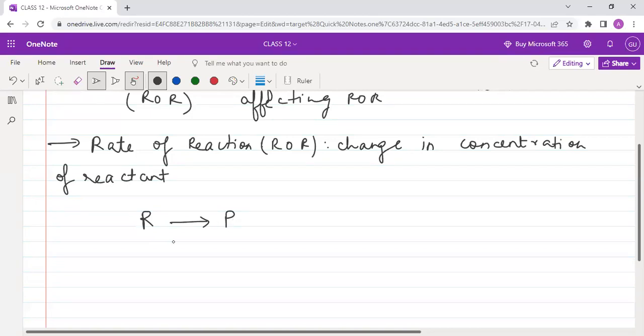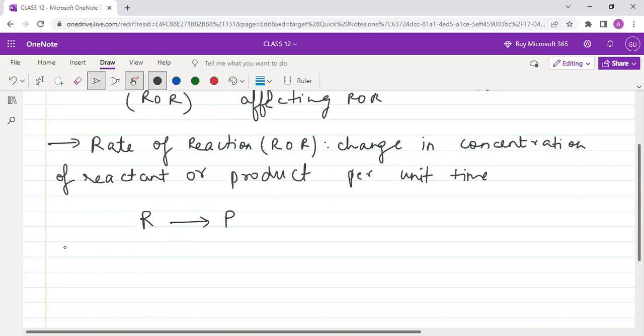That means concentration is changing with time because the reactants are getting converted into products. So the change in concentration of reactant or product per unit time is called rate of reaction, that is, how the concentration of reactant or product is changing with respect to time.